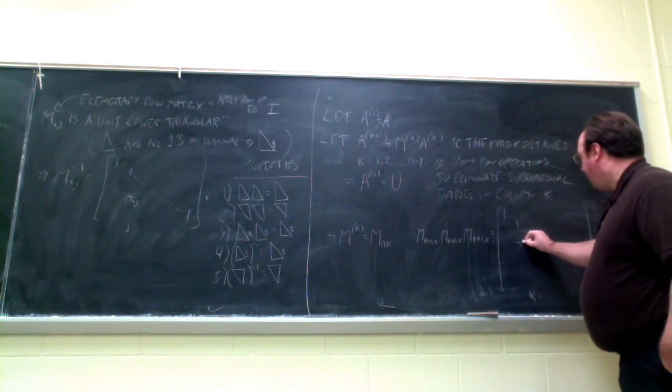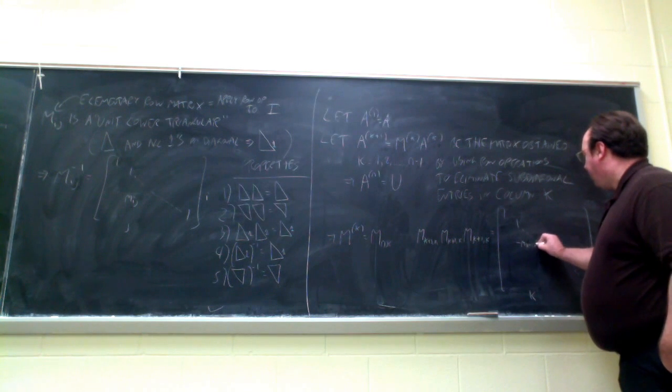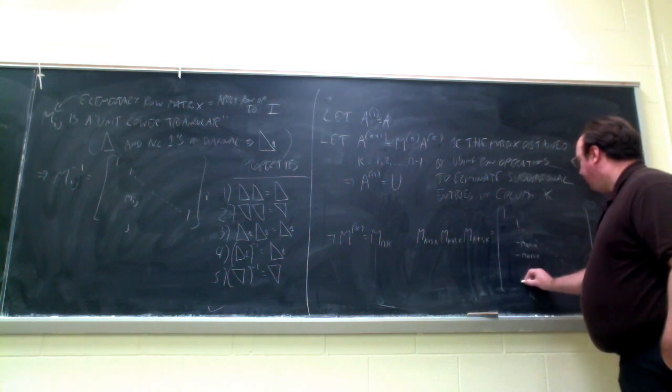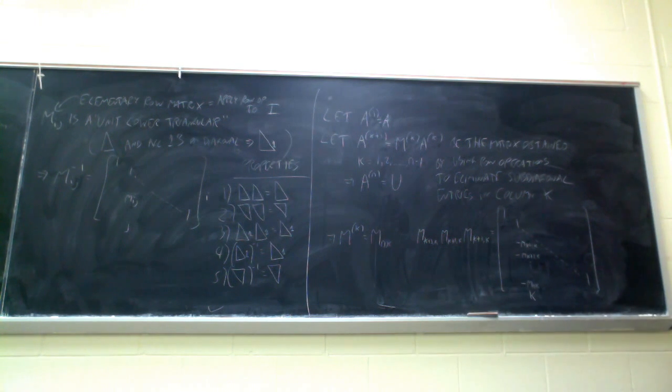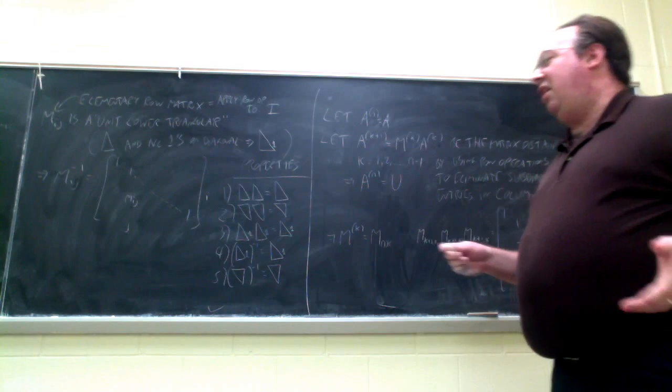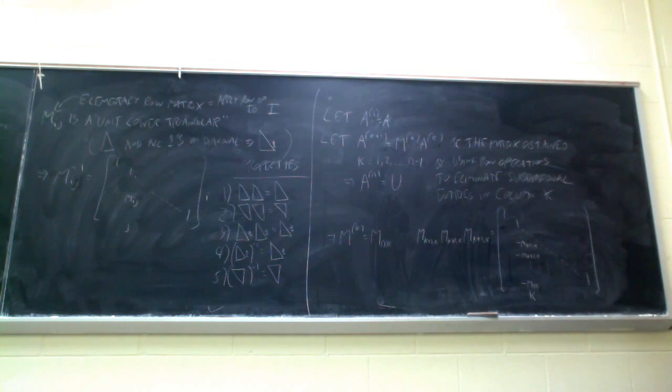So we have minus M(K+1,K), minus M(K+2,K), and so forth, all the way down to minus M(N,K). It's almost like if you took those multiplier matrices all from the same column and laid them on top of each other, like see-through paper, you get exactly that. That'd be kind of fun, actually.